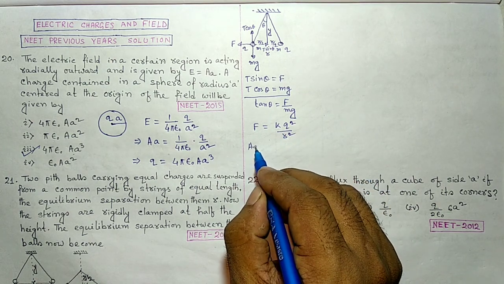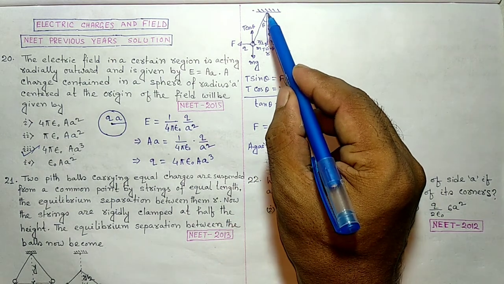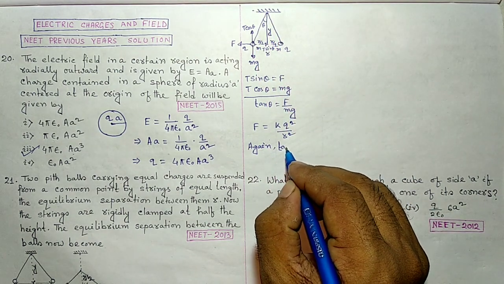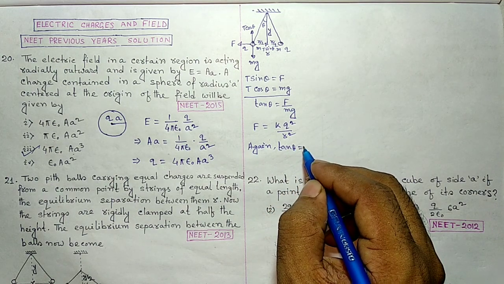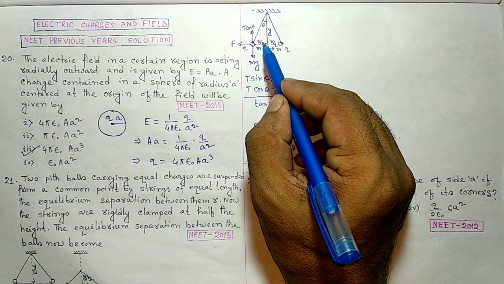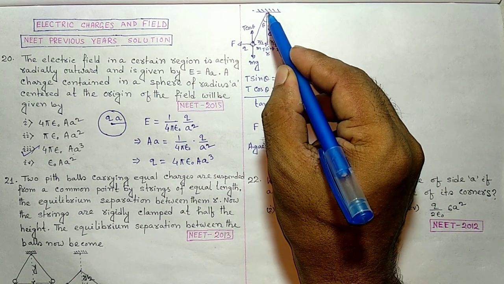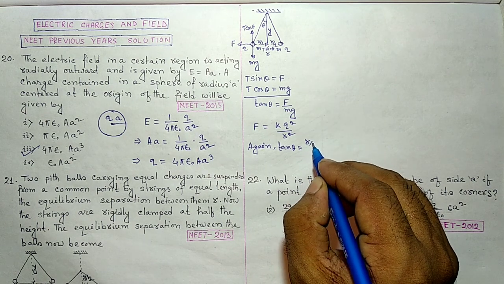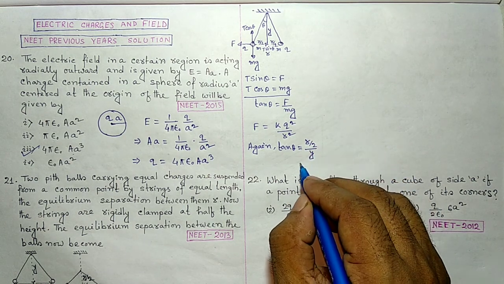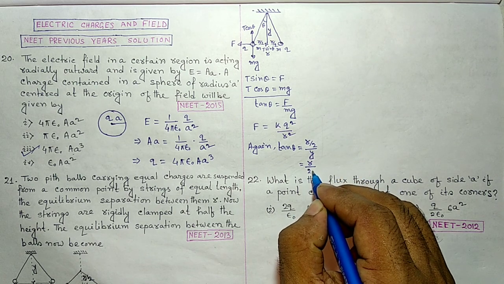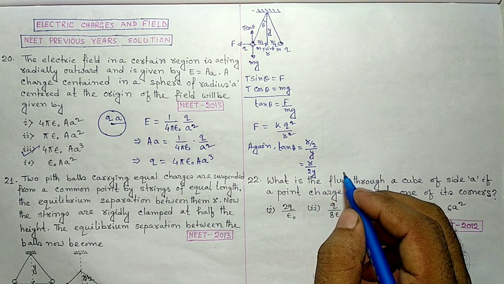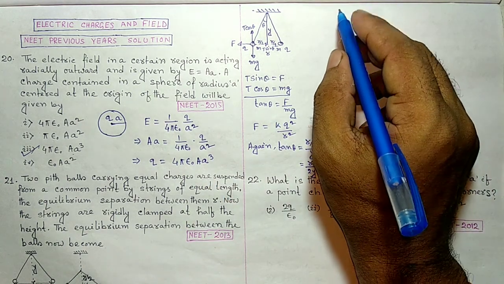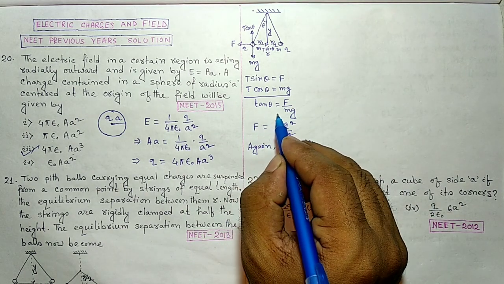Again, from that right angle triangle, we can write tan theta is equals to perpendicular by base. So this is r by 2 divided by y. This is r by 2y. Now this is tan theta.